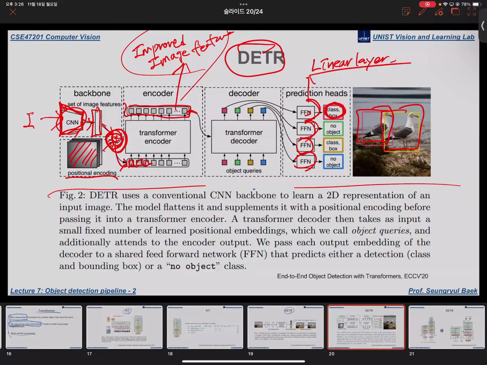So in NLP, this was the starting token or the previous decoding process's output, right? But in the image domain, this is a meaningless vector that is trained to maximize the accuracy. I mean, these vectors are getting some gradient from the loss function.